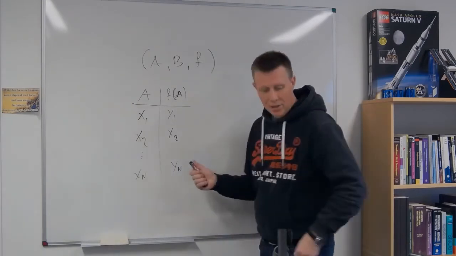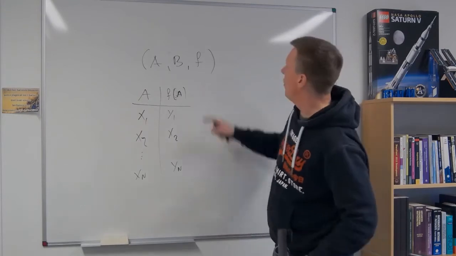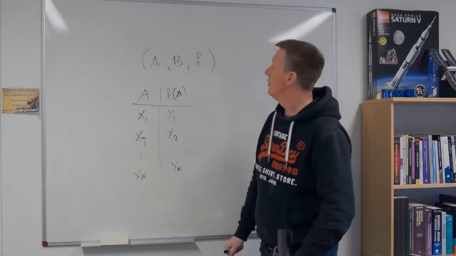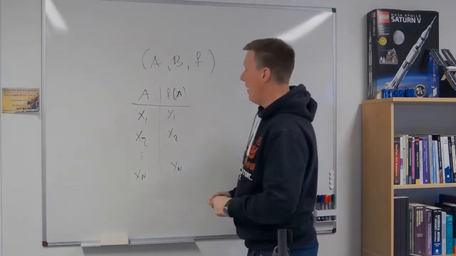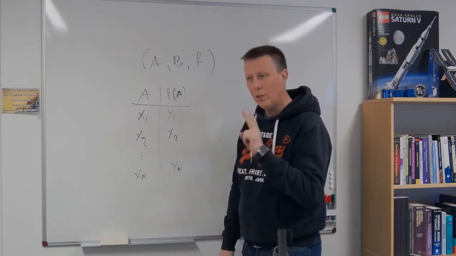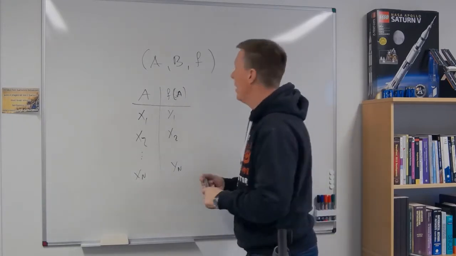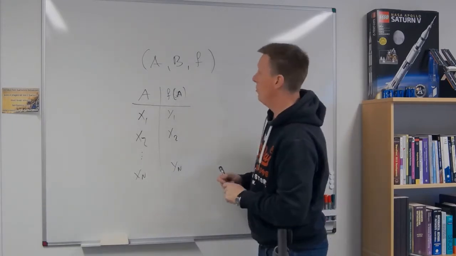All right, so let's have a little bit of a look at the rule f. One of the first rules of f, there are two important rules for f. Only two. Maybe if you're a mathematician there are more, but there are two really important rules that we need to consider.